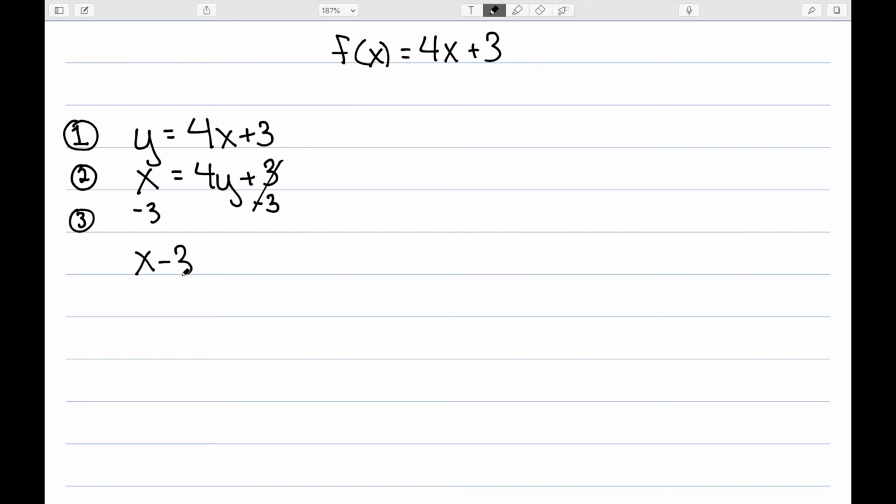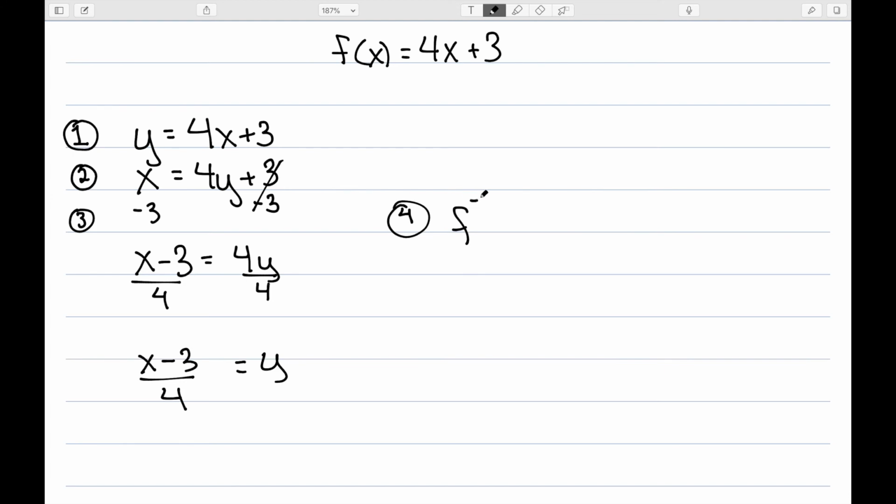That gives me x minus 3 equal to 4y. And then I'll divide both sides by 4 to get that y is equal to (x minus 3) over 4. And then my fourth step says to replace the y with my f inverse notation. So I have f inverse of x equal to (x minus 3) over 4. So now I have my inverse.